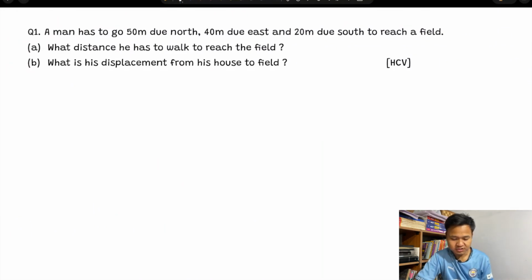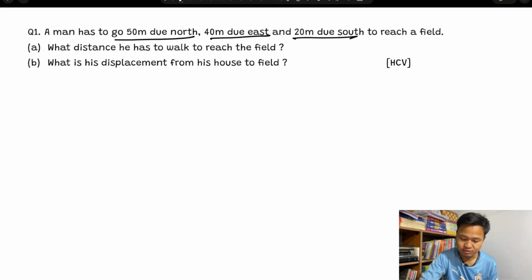First question is from H.C. Verma. A man goes 50 meter due north, 40 meter due east, 20 meter due south.